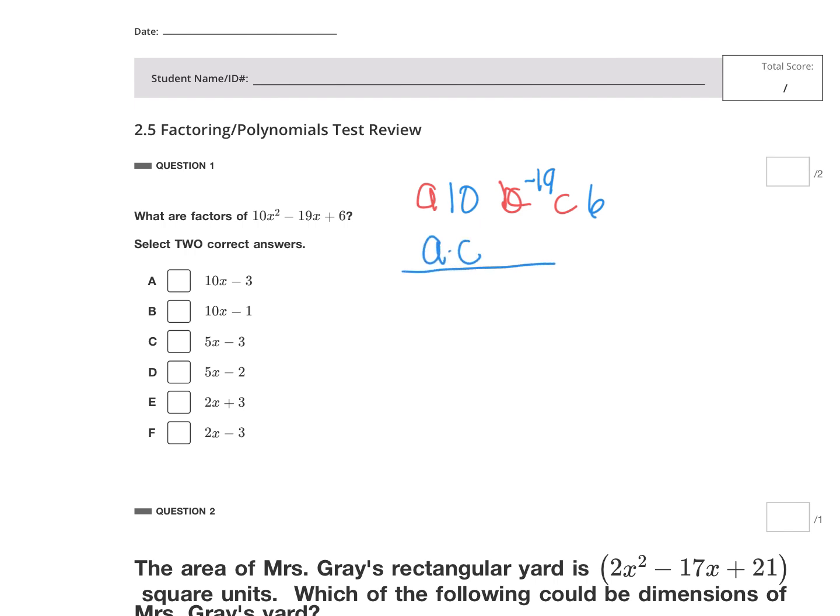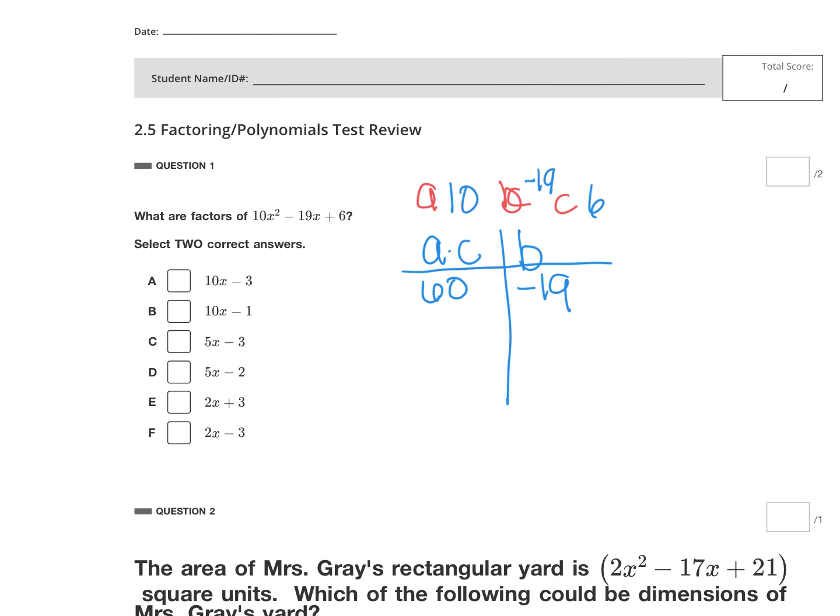So I have A times C equals B. So A times C is 60 and equals B is negative 19. Okay. Now I need to find two numbers that will multiply to give me a positive 60, but when I add them together will give me a negative 19.